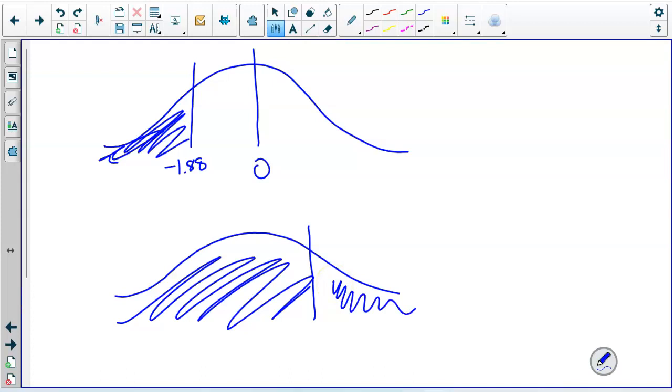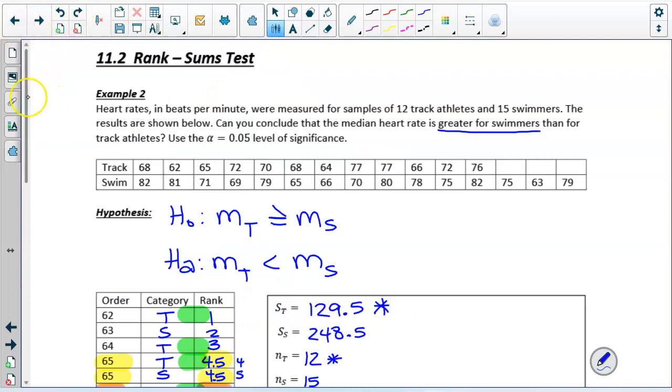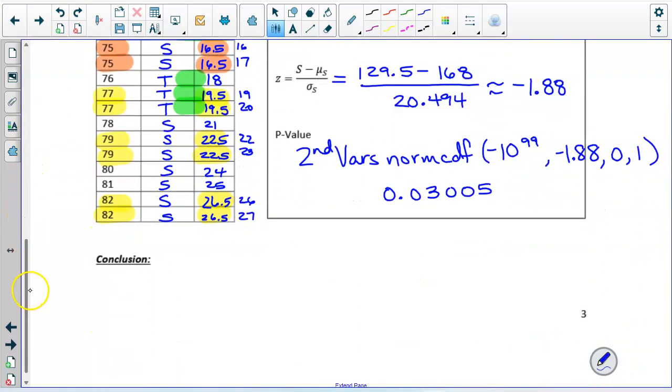I'll just tell you though, we've not taught non-parametric before this year, so I'm being honest about that. I don't think it's difficult. I've not worked any problems where I got a positive z-score. And I think it's because you always use the smaller rate, and then when you put it all together, your mean is bigger than it. So I don't anticipate that ever changing. But I didn't want to tell you it's never going to change just because I've not worked 100 examples. I mean, I don't know.